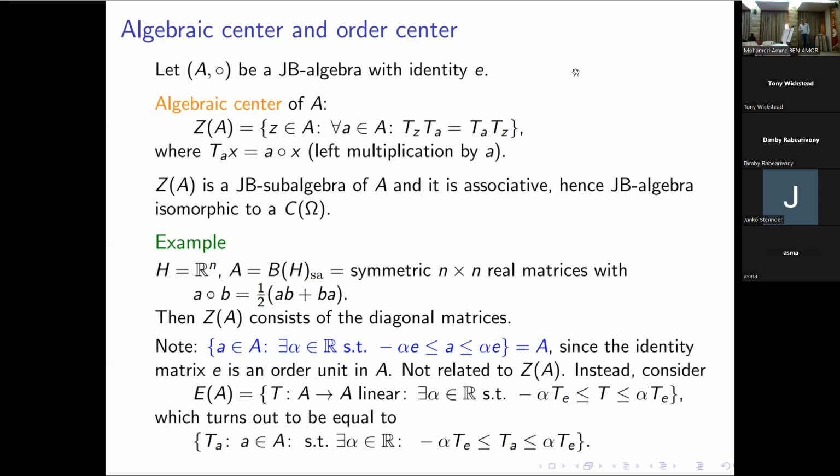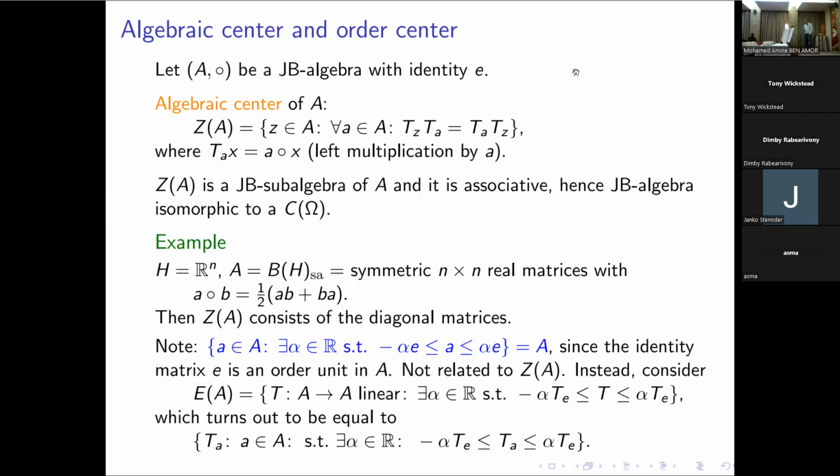Maybe to have a very simple example again, let's take as a Jordan algebra the n by n symmetric real matrices. Then the algebraic center consists exactly of the diagonal matrices, if you would compute that.